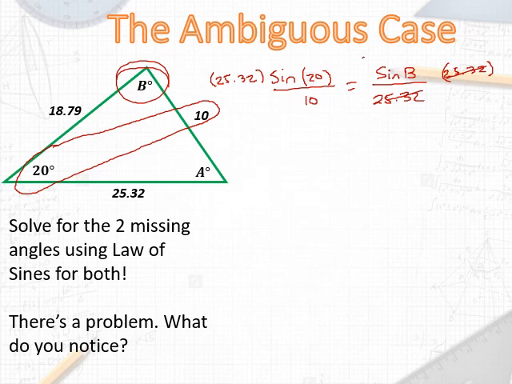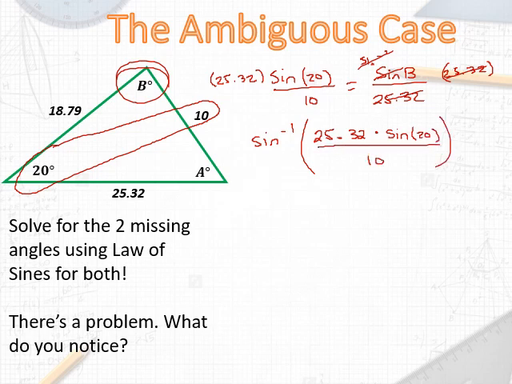So it's going to be sine inverse, big parenthesis, 25.32 times sine of 20 degrees all over 10. And this is equal to angle B.